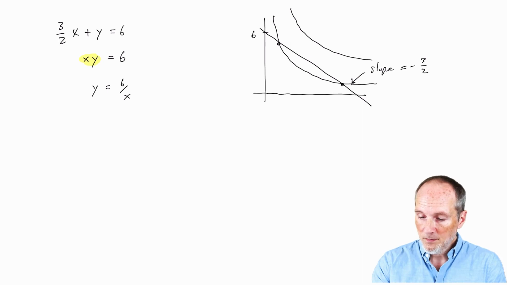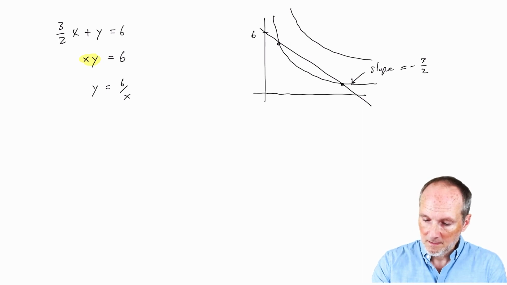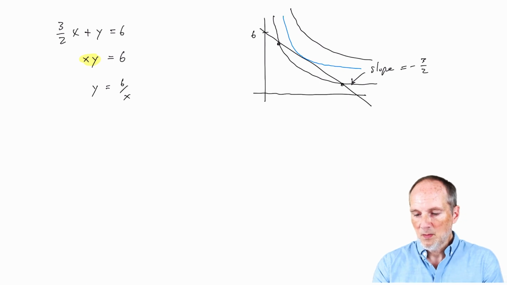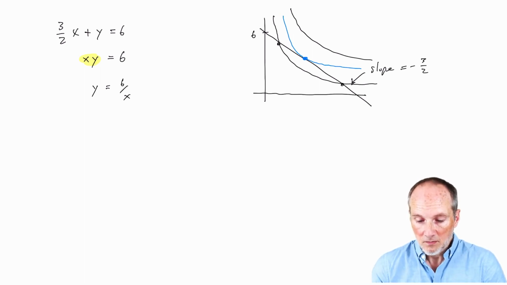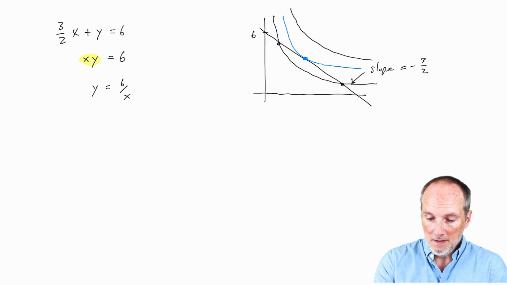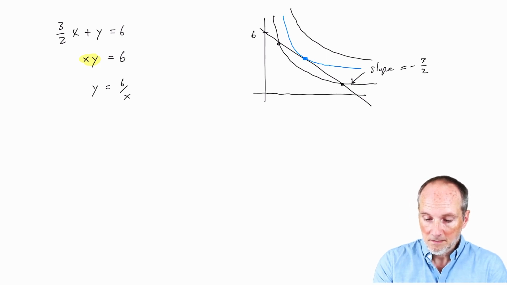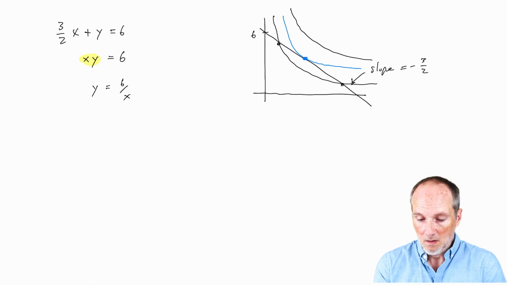And then a last possibility is that it touches the line but only at one point, so that there's a unique solution. Okay, so let's just go ahead and try to solve these equations and see what we come up with.